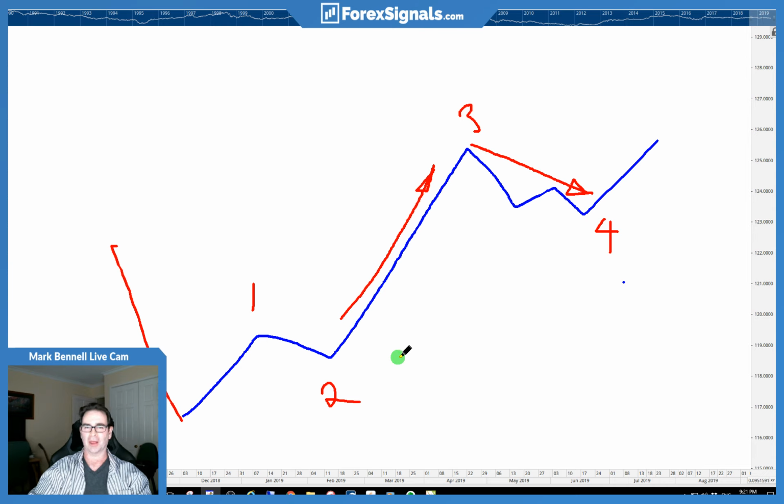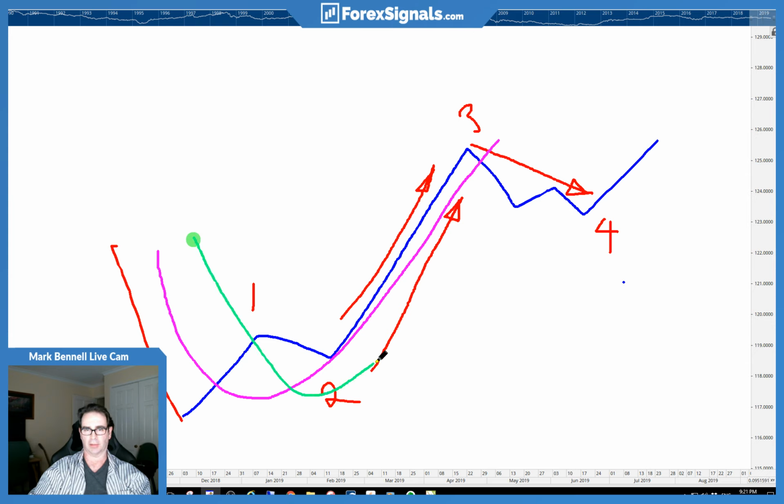Okay, so we want to see price nice and strong, and we may be hugging, let's say, maybe a 10 period, and we may have a 20 period as well.